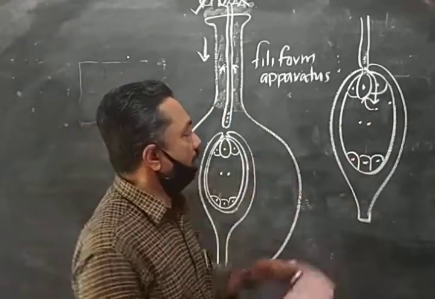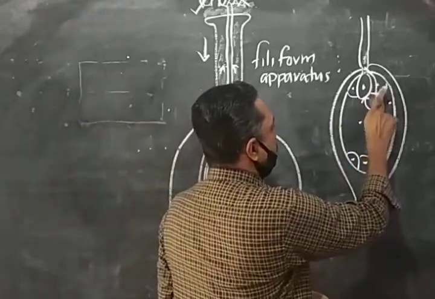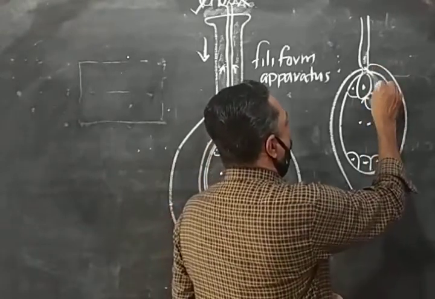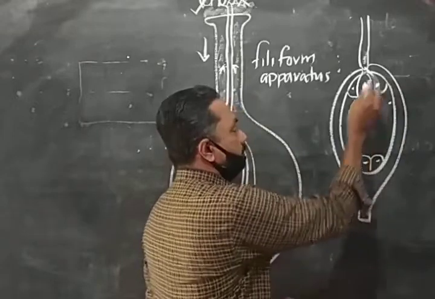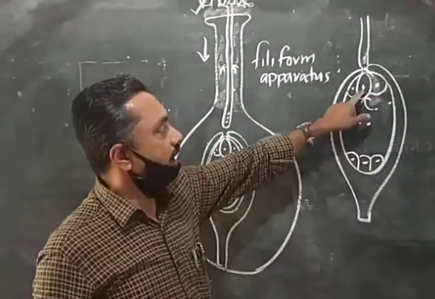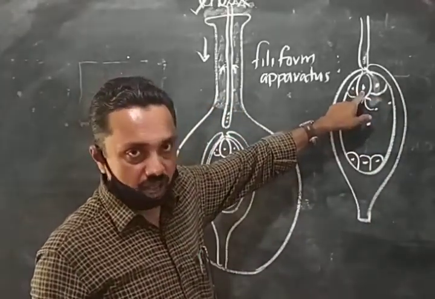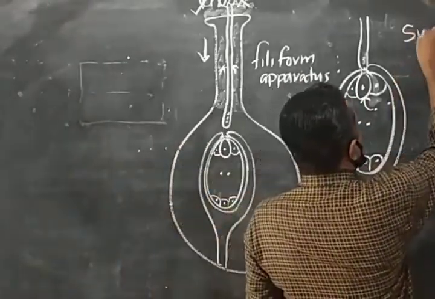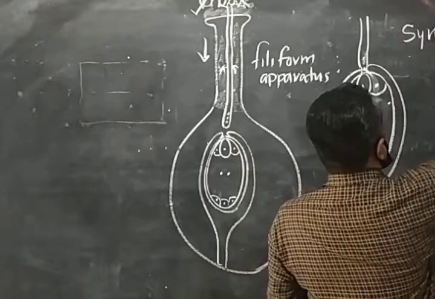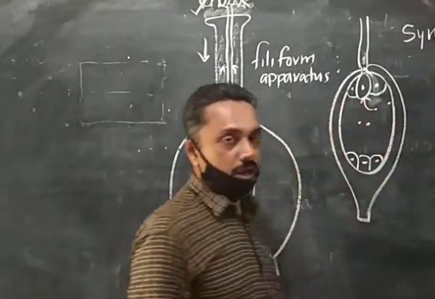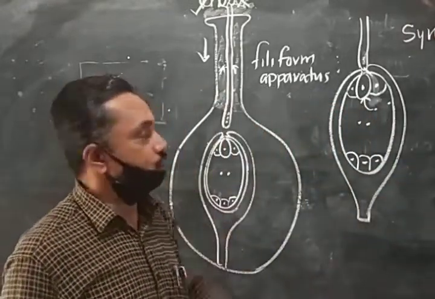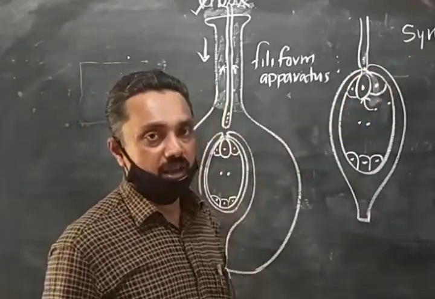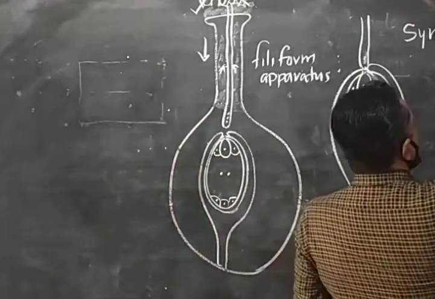I represent it in this diagram like that. That process is called syngamy, resulting in a diploid zygote.